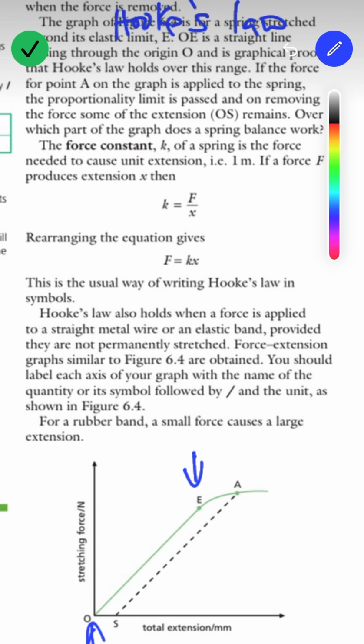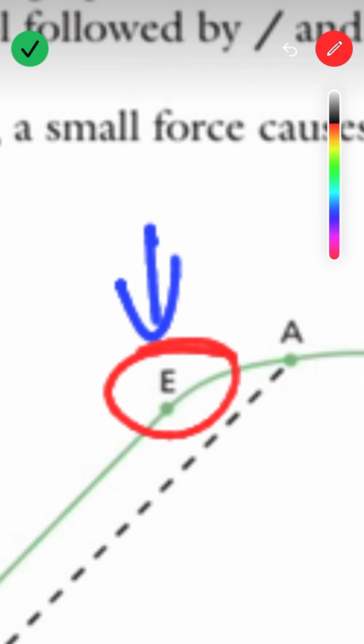The next thing that happens is that as you do that, there is a point which is called the elastic limit. At the elastic limit, if you keep on stretching, it is no longer obeying Hooke's law.